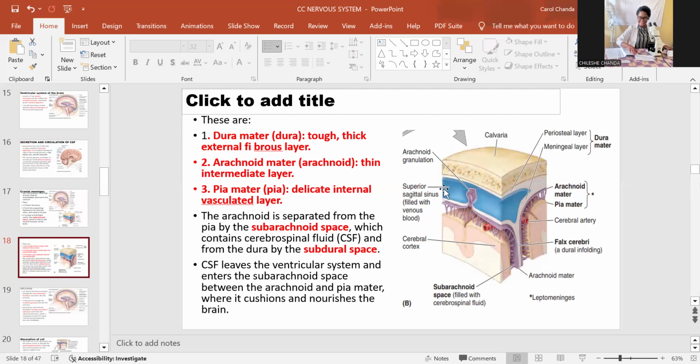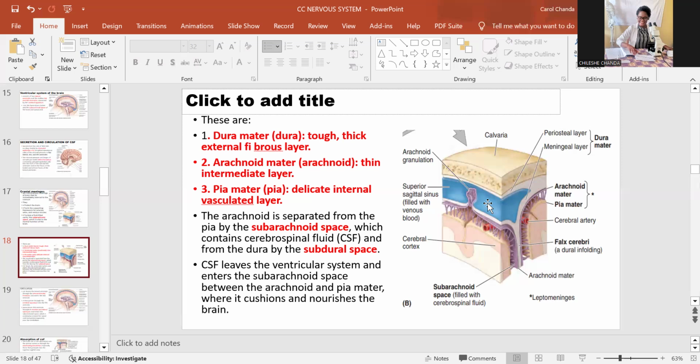Now you may want to find out what fills the space between the two layers of the dura mater. We have venous blood draining from the brain, with less oxygen and fewer nutrients. So we have the meningeal layer over here, and the periosteal layer over here, and in the middle we have a space filled with venous blood.